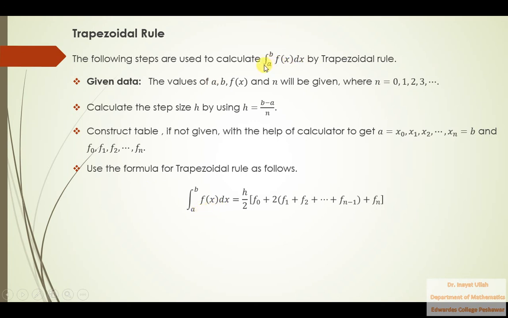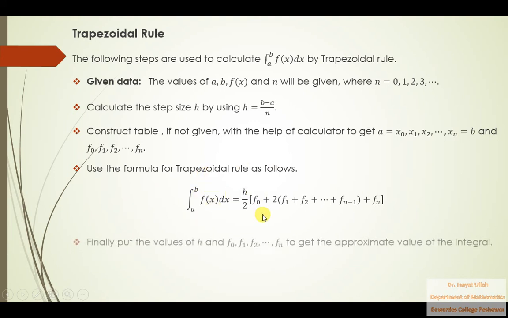The approximate value of this definite integral is equal to h by 2, remember this, h by 2 multiplied by f0 plus fn, that is the first value plus the last value of the function, and plus 2 times the sum of all the other function values, f1 plus f2 and so on. So that is the formula for the trapezoidal rule.